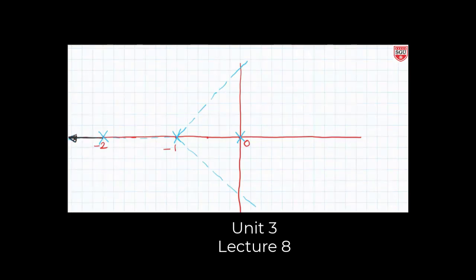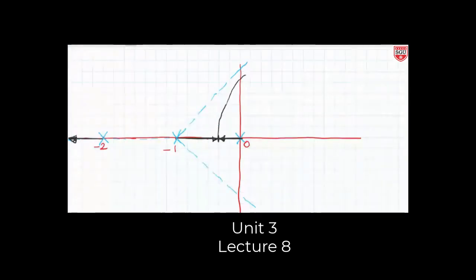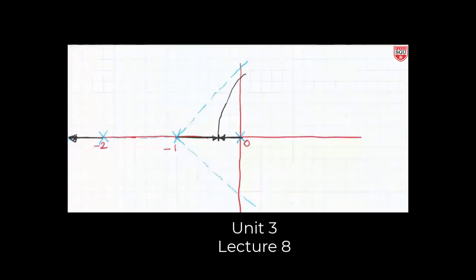One branch will start from here. Here, let's say there is a breakaway point. These two branches will meet here and they will leave the real axis and they will move parallel to asymptote.